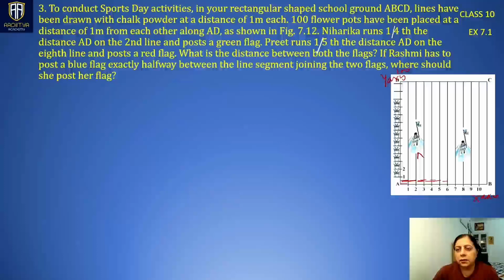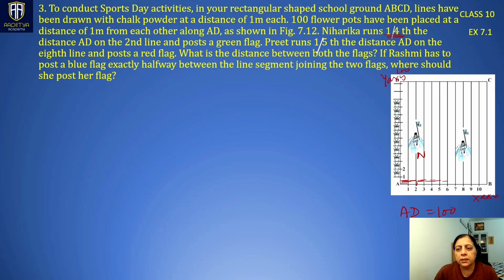Now he says Niharika runs 1/4 the distance AD on the second line. You can see that this is Niharika. She is running on the second line which has been drawn with a chalk, and she covers a distance of 1/4 the distance AD. See, the whole AD denotes 100 because we have 100 flower pots planted at a distance of 1 meter from each other.